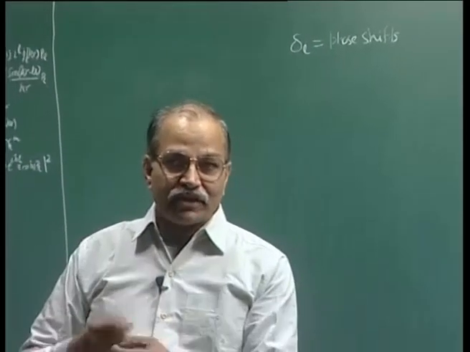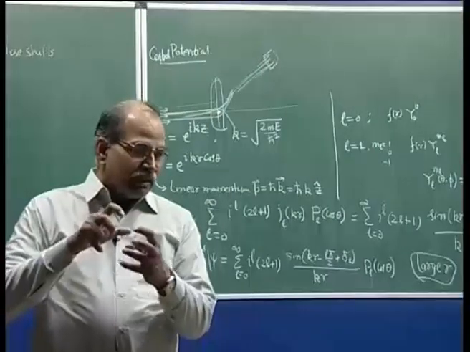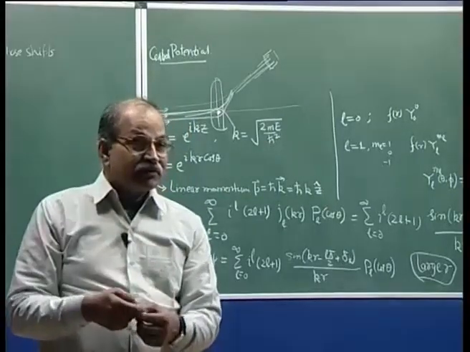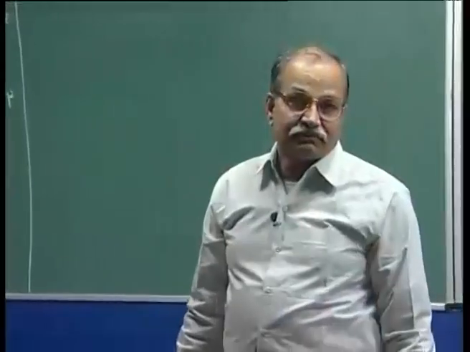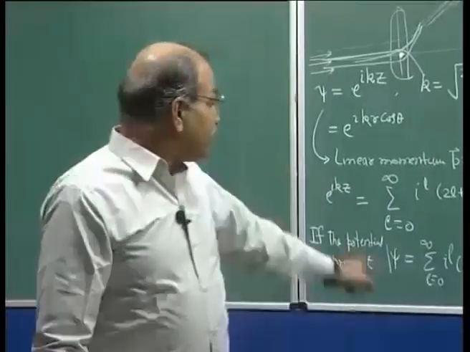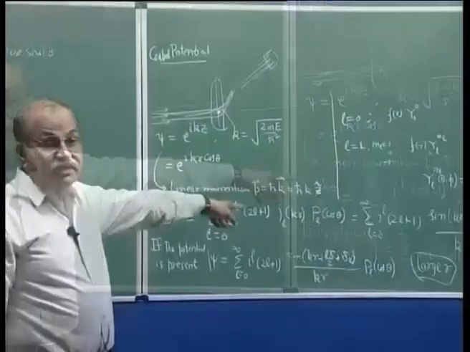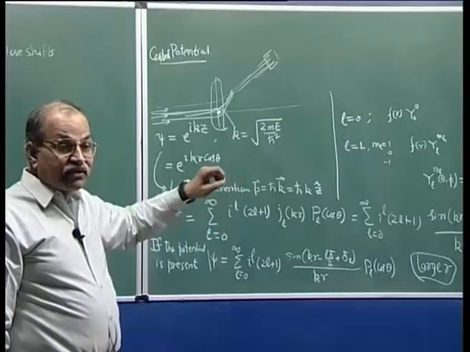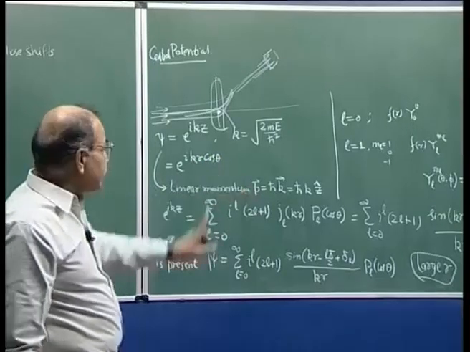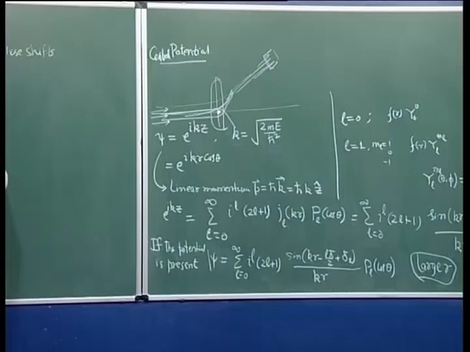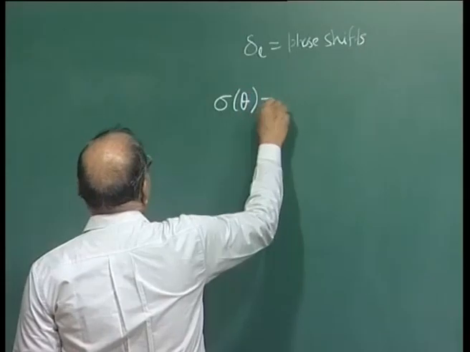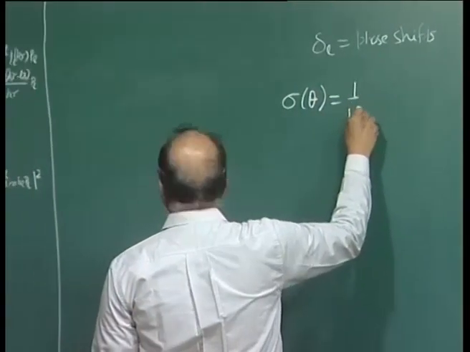Scattering cross section gives you the strength of scattering, the interaction between the target material and the projectile material, in each event, and the effect of interaction is in delta_L. Therefore, the scattering cross section must be related to this delta_L, and that expression turns out to be sigma(theta) is equal to 1 by k square. k, you remember what is k?